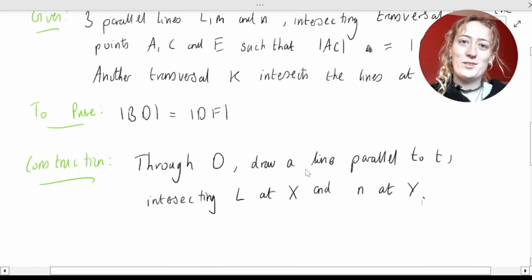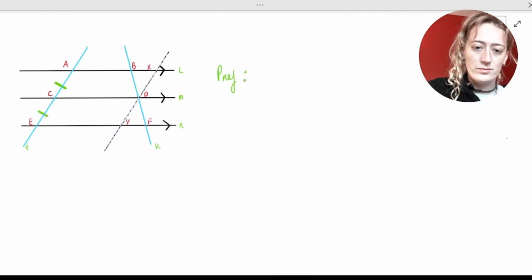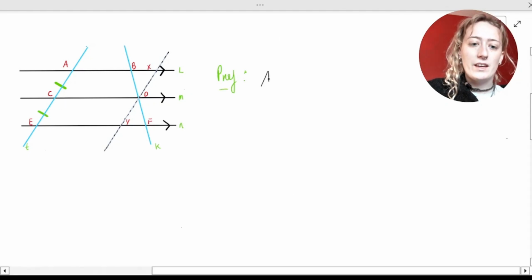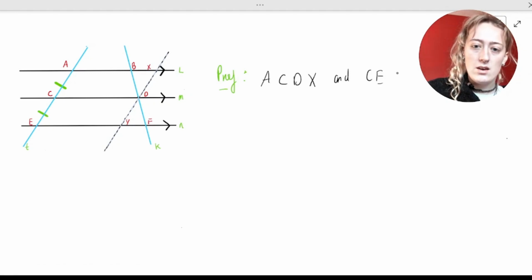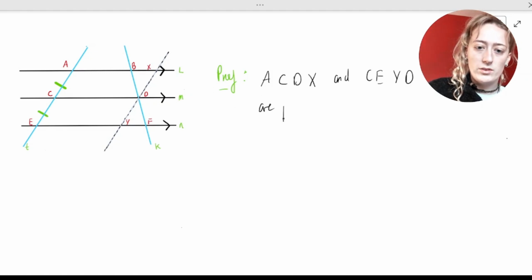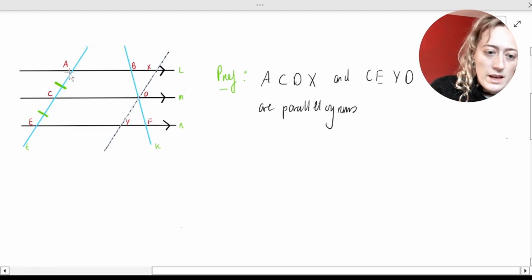Now we're finally ready to do our proof. Okay, we have that ACDX and CEYD are parallelograms. Have a look here, guys.